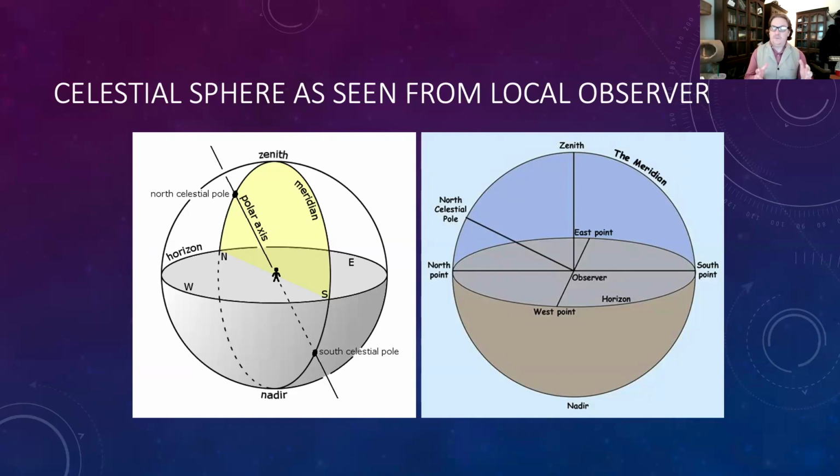But it is also dependent on your location. Depending on where you are, your local horizon and your zenith point are going to shift with respect to the north celestial pole and the celestial equator, or the south celestial pole for those of you who are in the southern hemisphere.